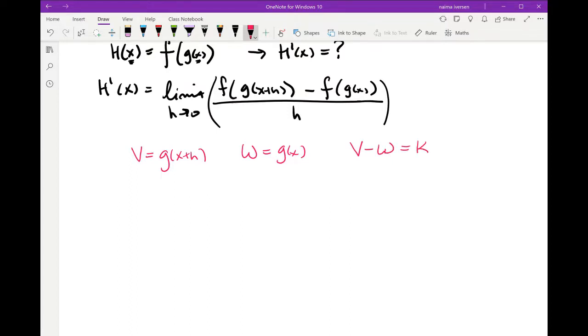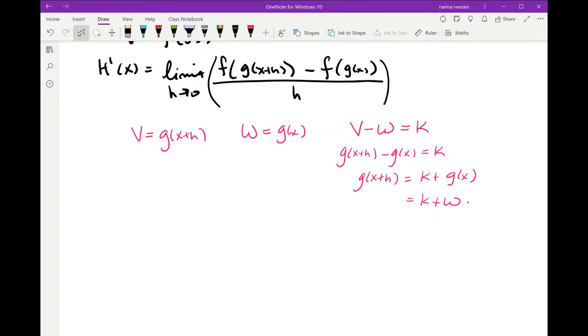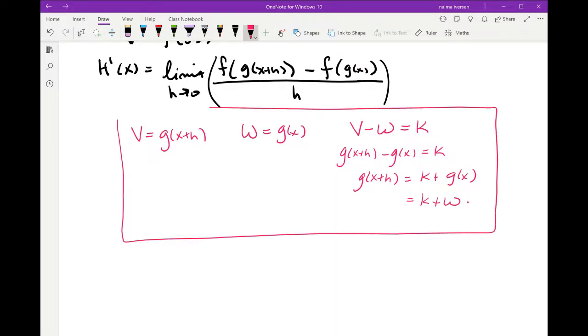So if that is the case, then we get g of x plus h minus g of x is equal to k. Or if you want, g of x plus h is equal to k plus g of x, or k plus w. I'm just playing around with some dummy variables for right now, and we're going to refer back to this as I go through the question.